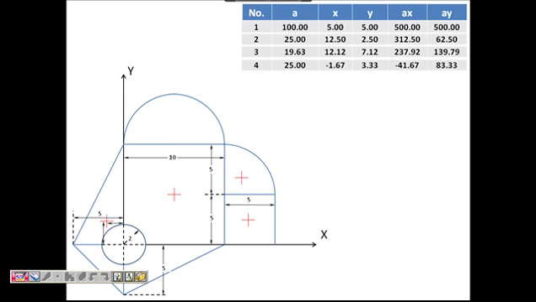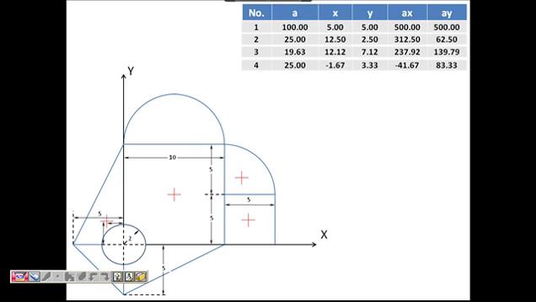Why minus sign for 1.67? Because if you come back to the triangle and see again the location of the centroid, it is on the negative side of the x-axis, so we just put minus. Obviously ax is going to be minus, so that's fine.